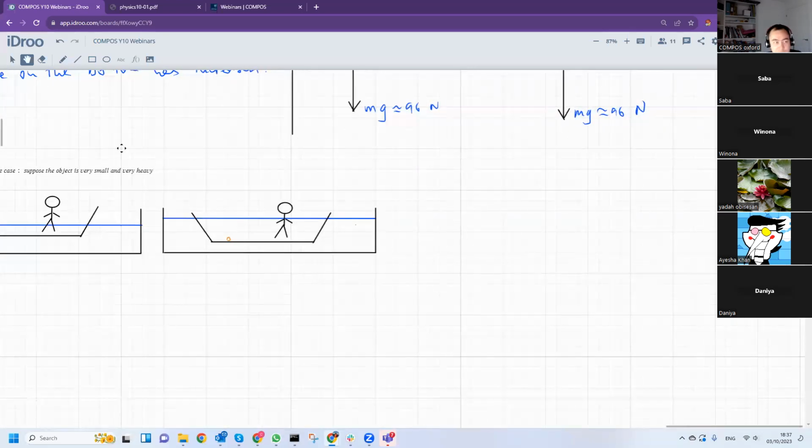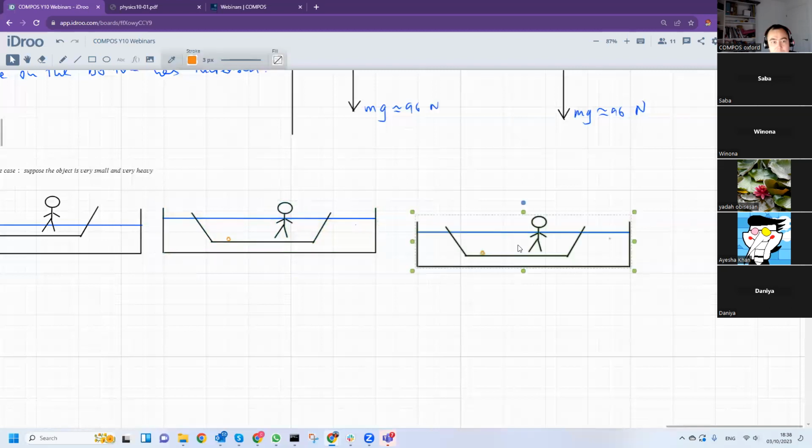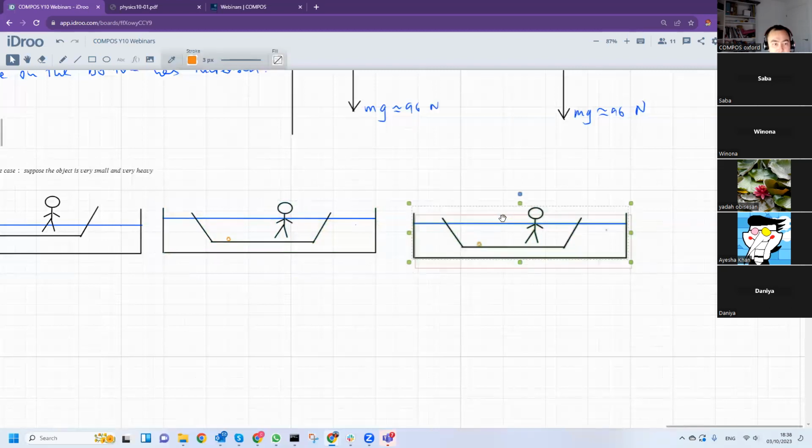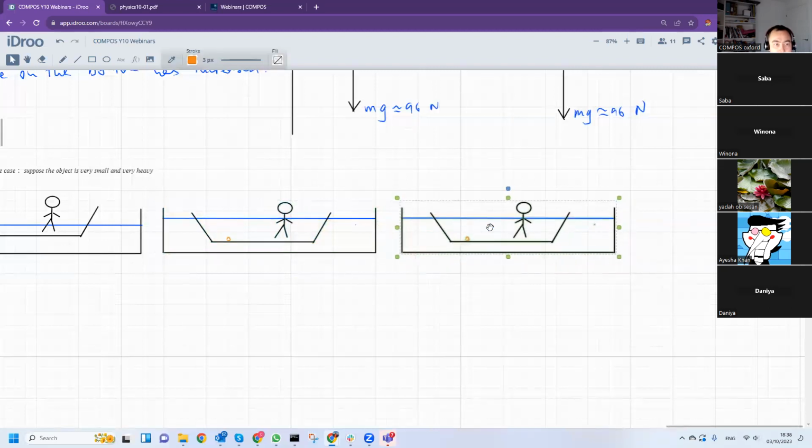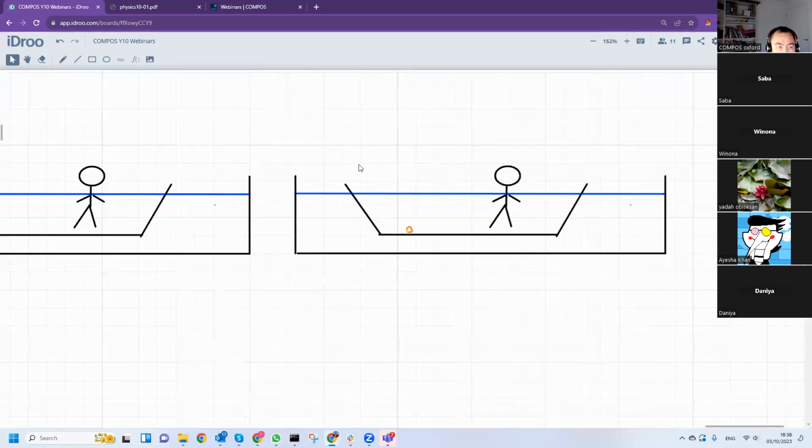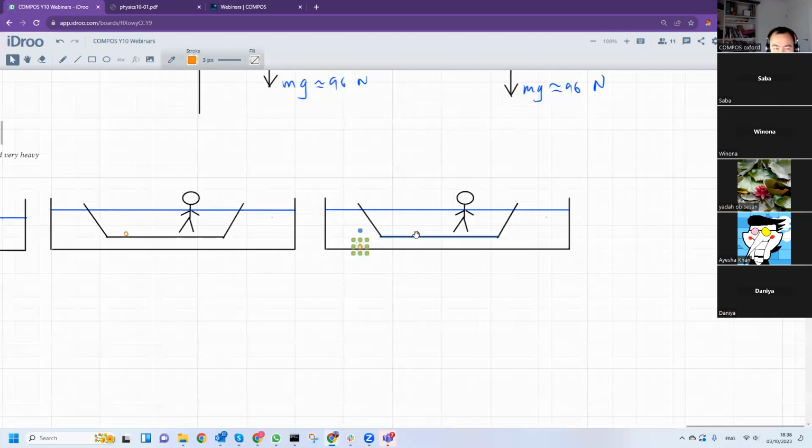Now the next picture, for the next picture, we've dropped the object, it is now in the water. And it doesn't displace any water because it's very, very small. And a small object, if you throw a small object into the water, that doesn't change the water level, does it?